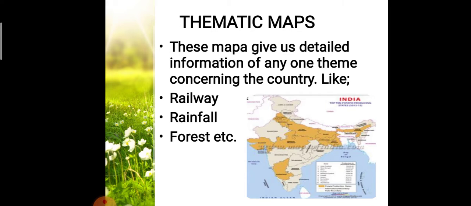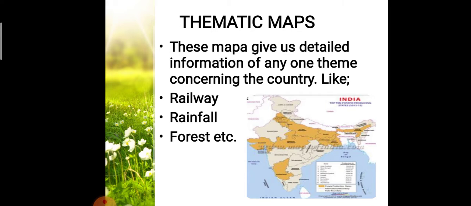These types of maps are given suitable titles so that they are drawn on the basis of the information provided in them. Specific information is provided in these types of maps. A thematic map is a kind of map different from the normal map, as I said.